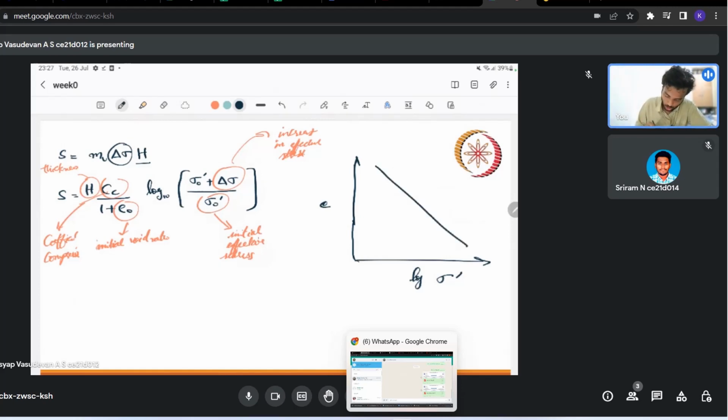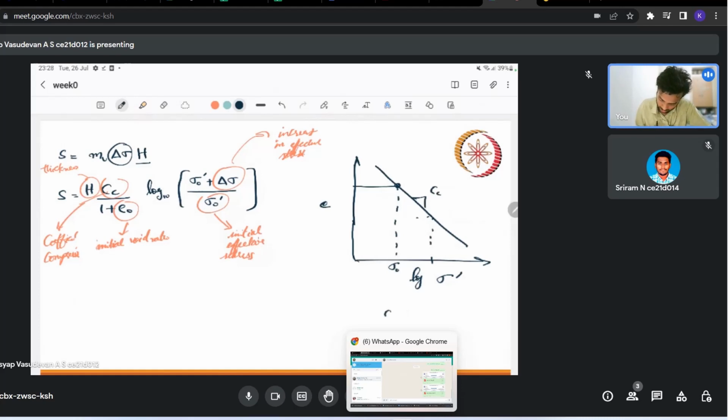If we are not using log, we'll get a curve. Before consolidation, if this is the stress and we increase the stress by delta sigma, the void ratio decreases. So the slope of this line is called Cc.